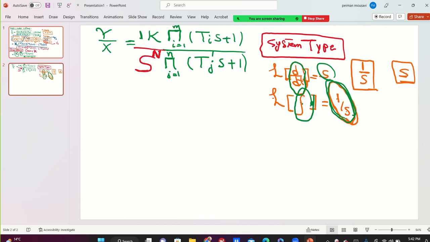You have n what? 1 over s, what is 1 over s? I just told you 30 seconds ago. So 1 over s to the power of n means that you have n what?